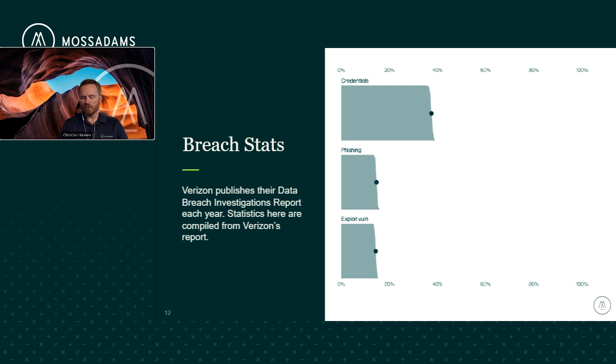Could be the result of MOVEit, quite frankly, because that was an IT tool that got breached, and we used the technical exploits there to break in. So it'll be interesting to see what the data from 2024 shows, if this stays true or if it reverts back to the historical mean.